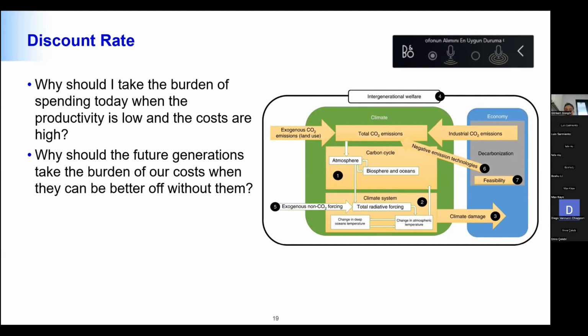Our emissions, our pollutions, our way of living, they will affect the future generations, which don't exist at the moment. And this raises an ethical question which has to be solved globally. And this is a very challenging issue considering the short-sightedness of the energy and climate policymakers.